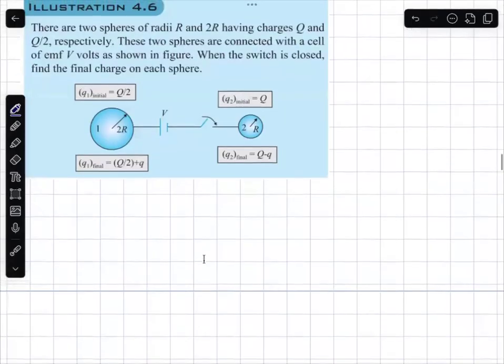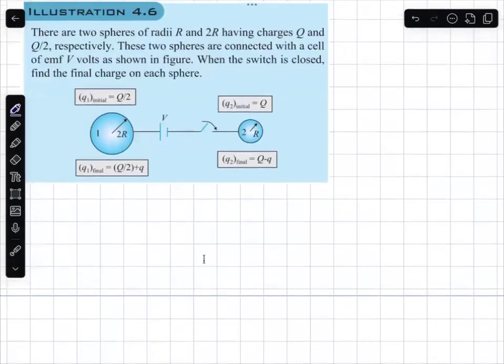Here you have two spheres of radius r and radius 2r having charges. One is q by 2 here and the other is q here. Understood? Now the question is, now read the question.